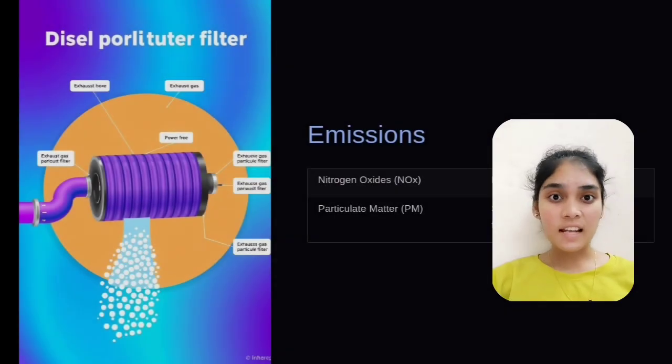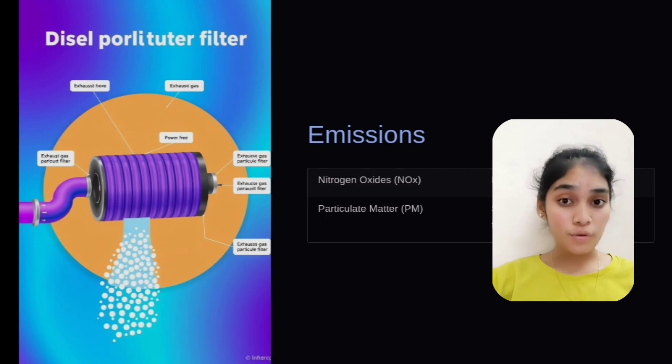Emission. There are three emissions. First one is particulate matter. Second one is nitrogen oxides. Third one is carbon dioxide. The particulate matter is the solid particle emission from the engine contributing to air pollution.